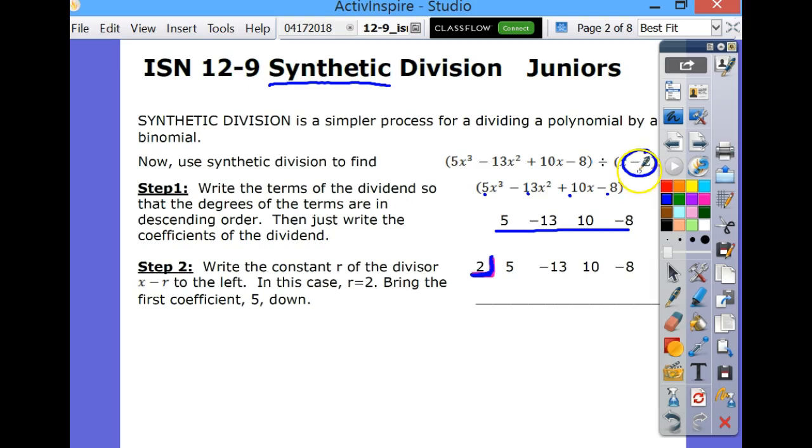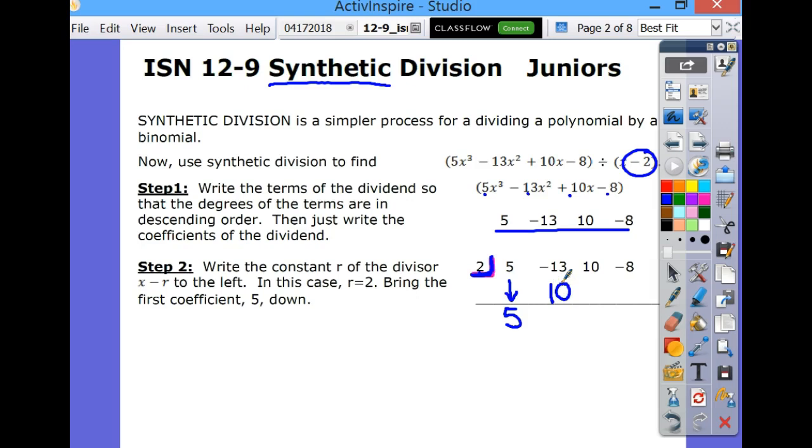Instead of dividing by a negative 2, I'm going to divide by a positive 2. And here's how synthetic division works. And the steps are all written down for you on your paper. You bring down the 5. Then you multiply 2 times 5 and put it in this column and add the columns.